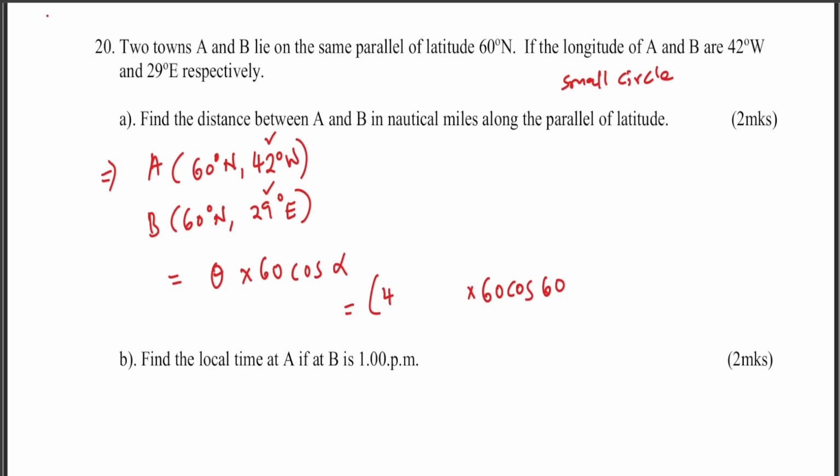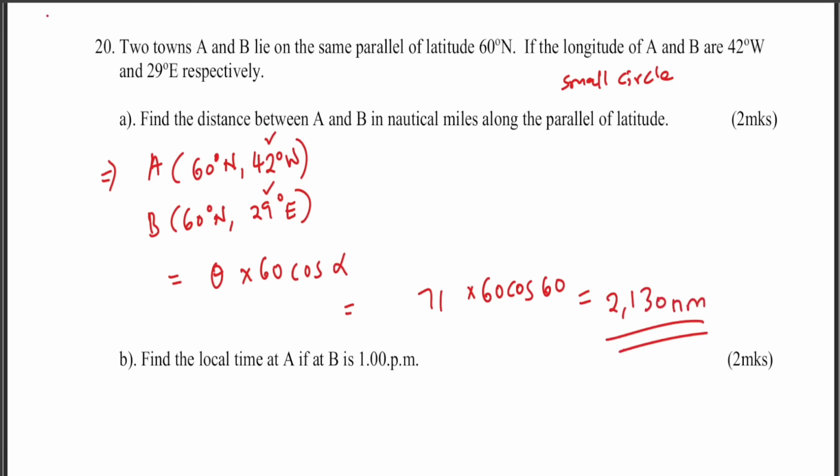So it's 71 times 60 cos 60. Sorry, that is cos 30, not 60. So that is 2130. So your answer is 2130 nautical miles.